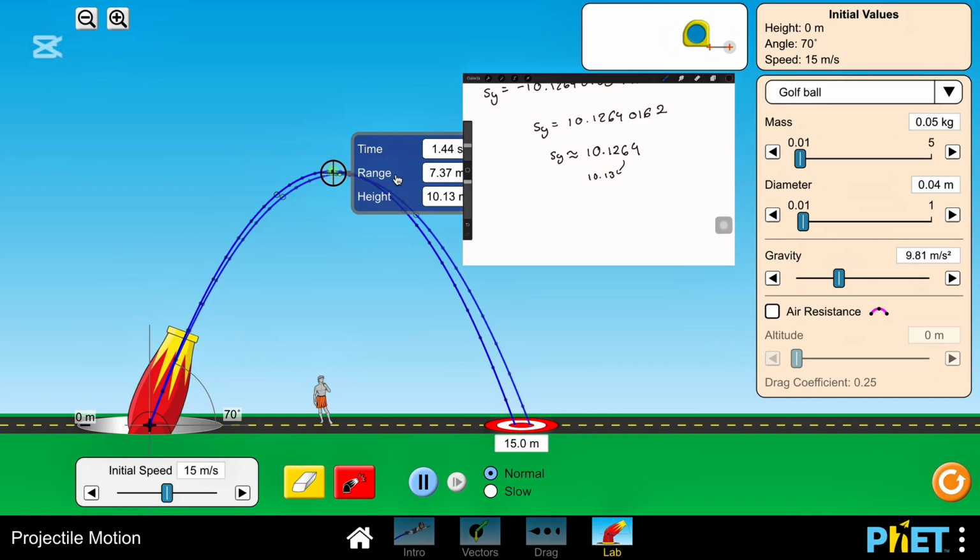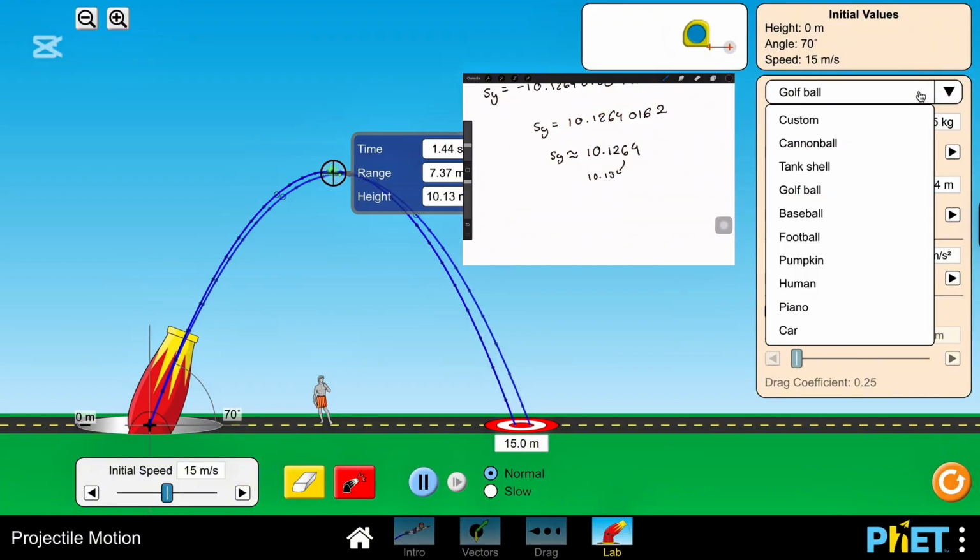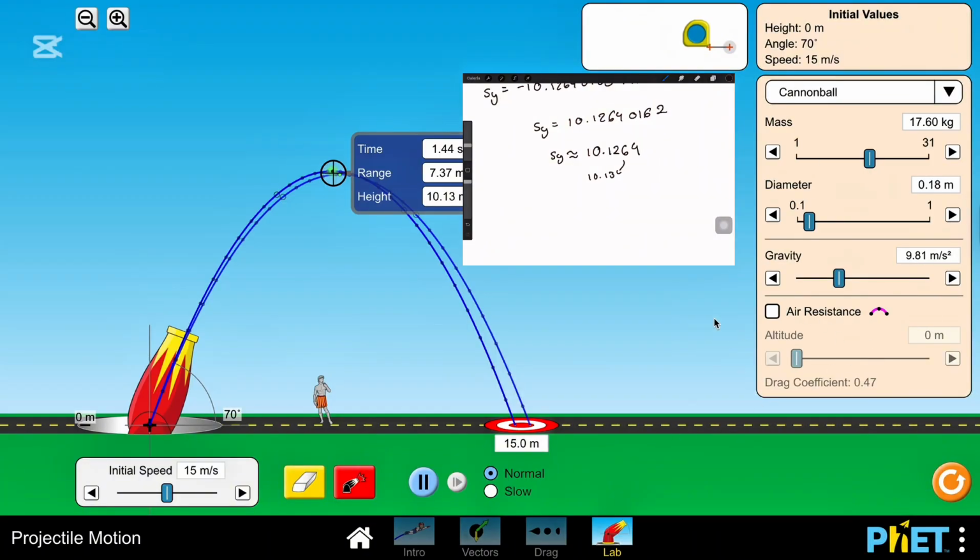So last but not least, let's analyze some other cases. For example, if we fired a cannonball with no air resistance, that's important, it'll follow the same trajectory. We can see here, it's a cannonball and it's the same trajectory.